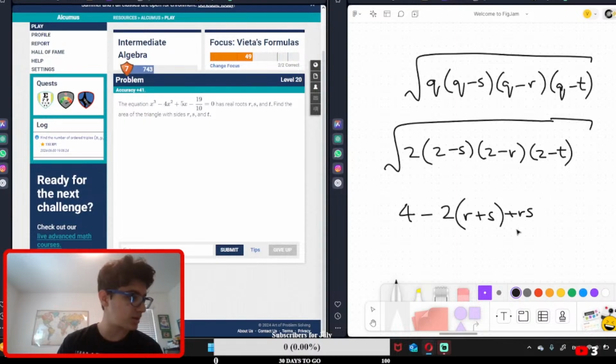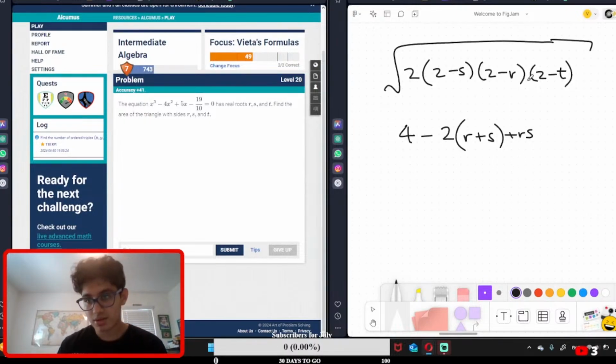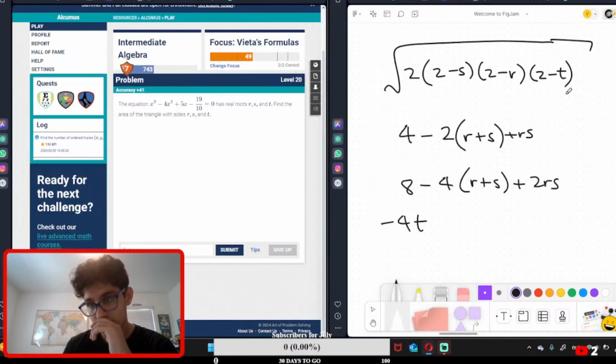When you multiply that by 2 minus t, the 2 will make this 8 minus 4 times r plus s plus 2rs. Then we do it with minus t, so we get minus 4t, wait, negative 4t plus 2t times r plus s minus trs.